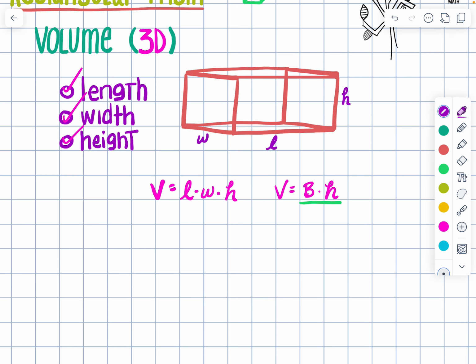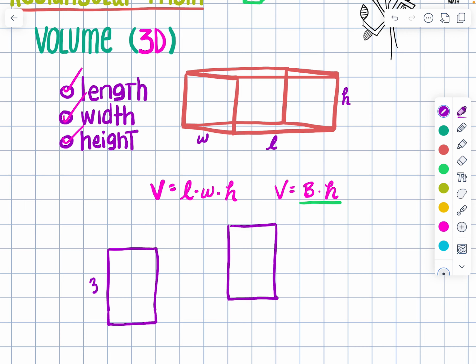So the first thing we're going to do, I'm going to draw a new rectangular prism here. I can't really talk too well and draw at the same time. Okay, so this is 3 units.